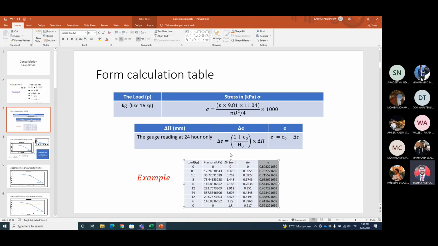So let us make this table. To convert the pressure, we will use this formula: load times 9.8 times 11.04, which is the moment arm, divided by the area, times 1000 to make it in kPa, because it will be in megapascal.